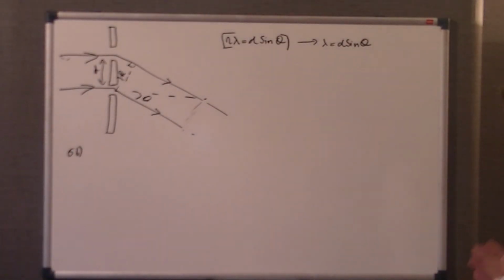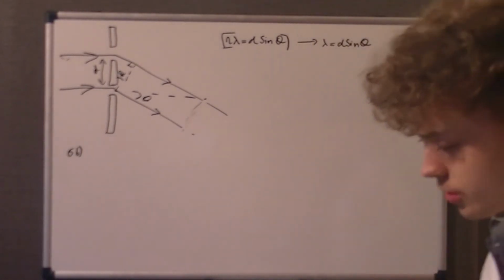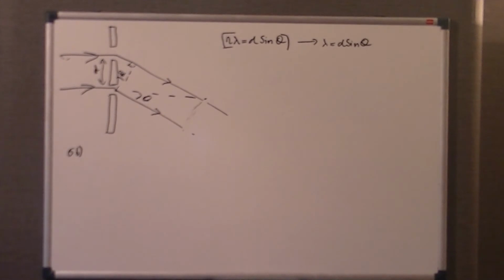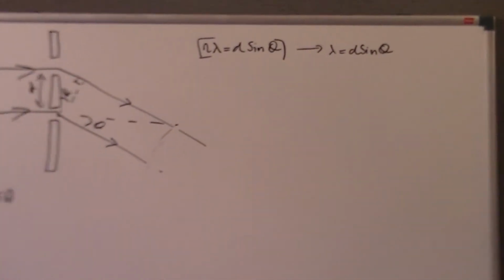6b, it says, state and explain what happens to the value of angle theta for the first order beam if the wavelength of the monochromatic light decreases. Now you can see I've written 2 equations at the top of the board there. So I'm going to zoom in for you.